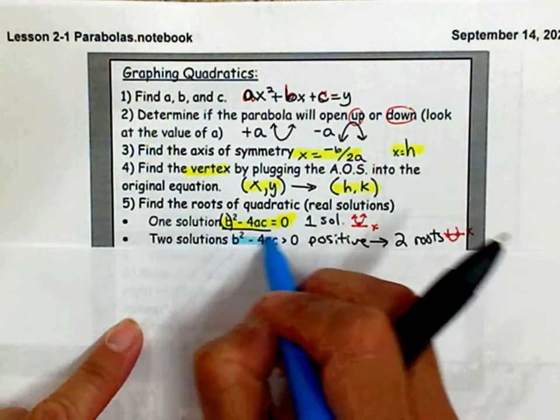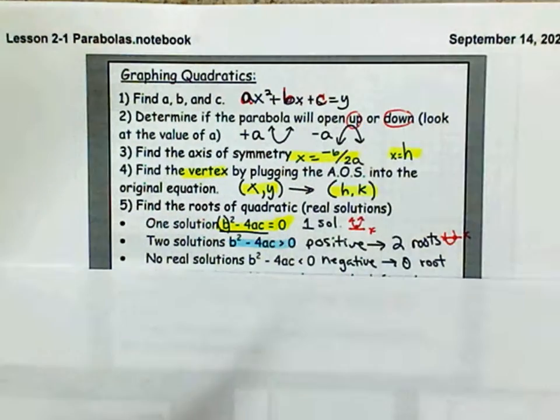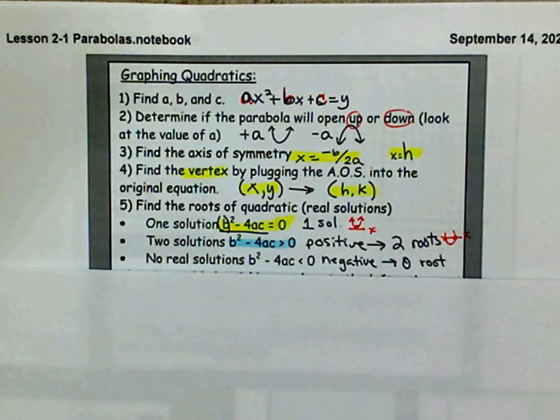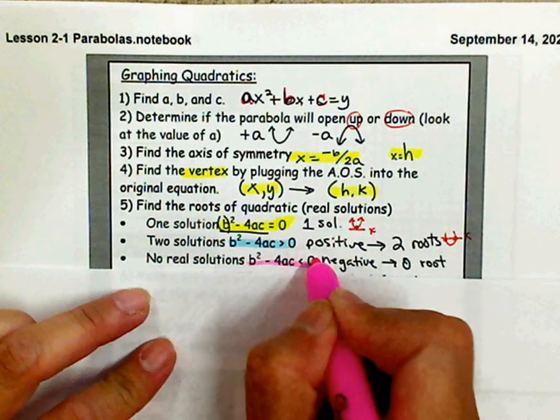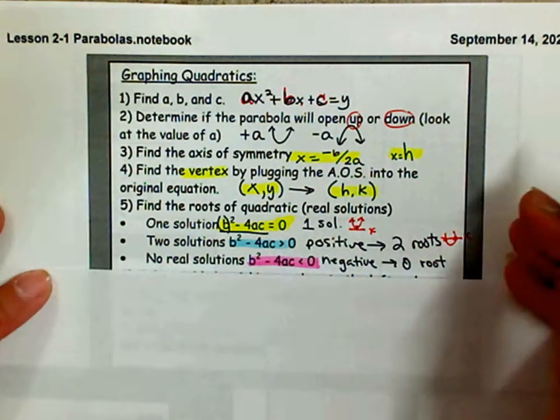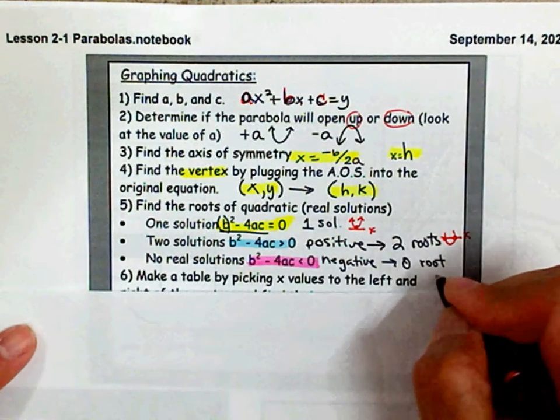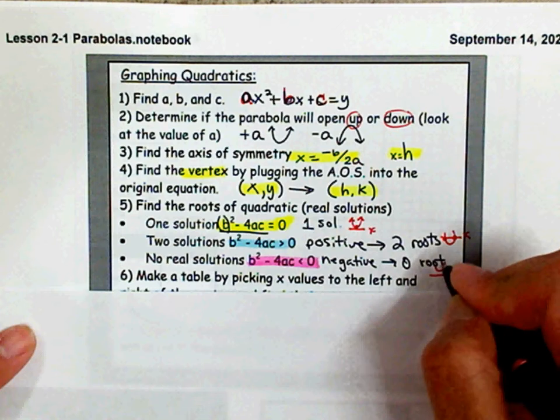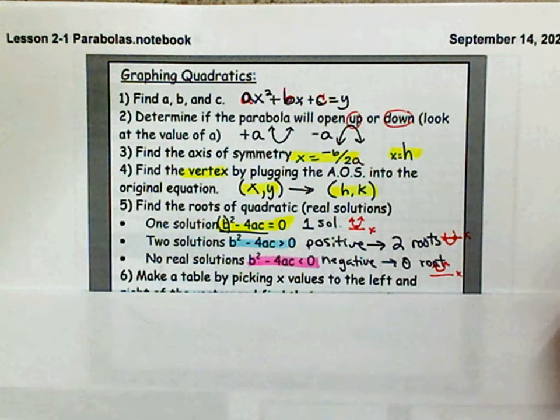If you have a negative, such as this one right here, that means when you graph on the x-axis, here's your x, it's never going to cross at all. So make sure you're aware of that.